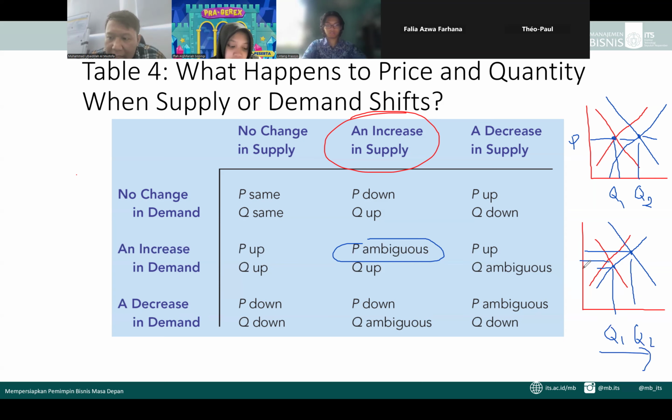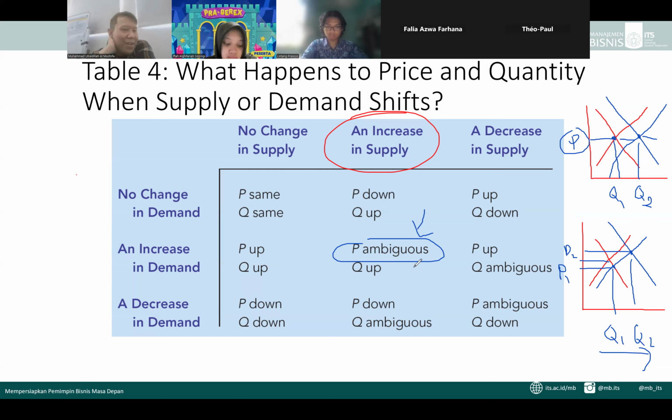But in this case, we have an increase in price, from price 1 to price 2. Why? Because the demand shift is larger than the supply shift. But if they both have the same power of shift, the price will not change and it becomes ambiguous.